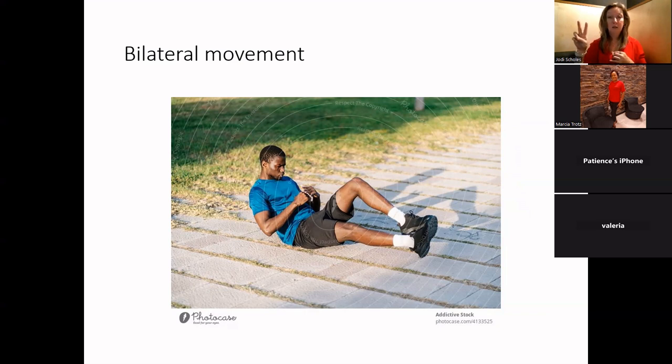Bicycle, bicentennial, two, bilateral. Both sides are contracting. You can see this healthy fella is doing a bicycle sit-up or a crunch, right? That's both sides of the rectus abdominis contracting.